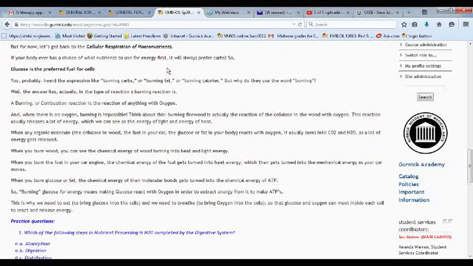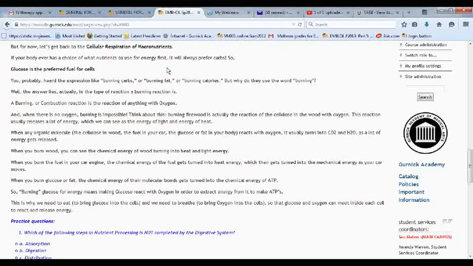Okay, now you probably have been using terms like burning calories, burning carbs, burning fat. What does that really mean when we say burning? Well, the burning actually comes from the fact that most of the chemical reactions that would mean burning are combustion reactions, these are the reactions of nutrients or pretty much anything with oxygen.